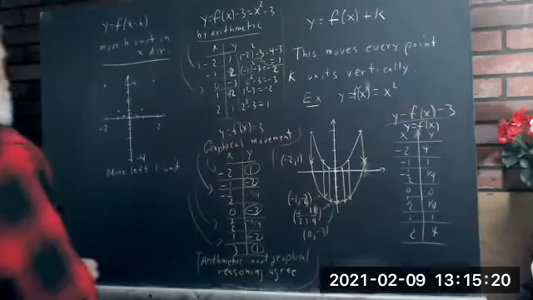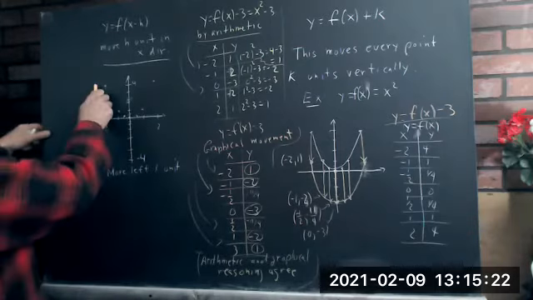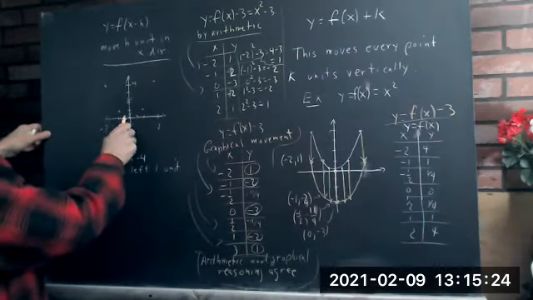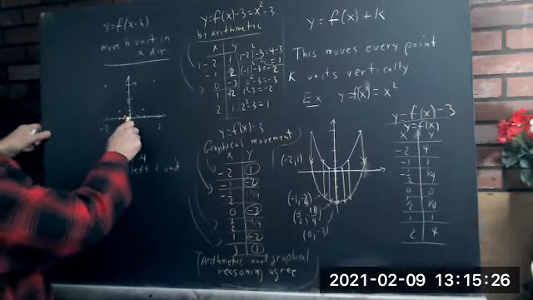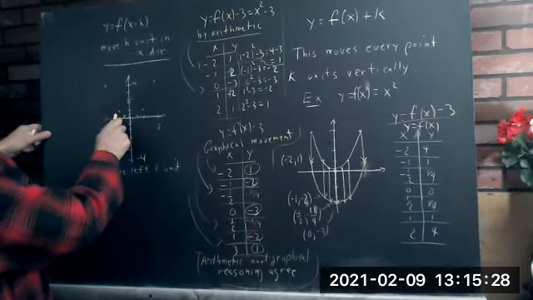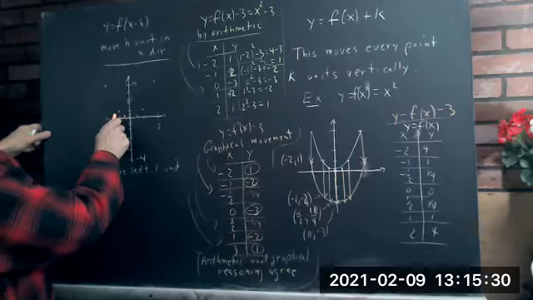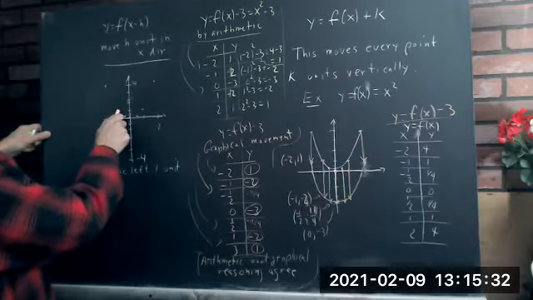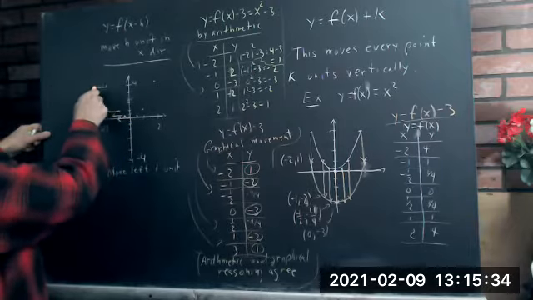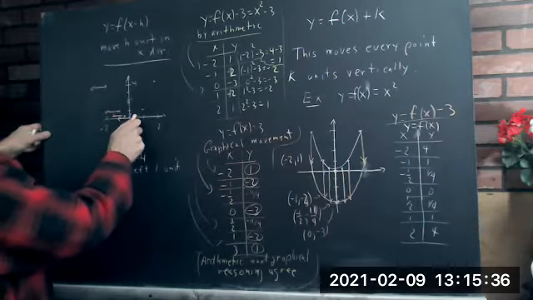Well, that means if we move this point over 1 unit, 1 unit is about this long. So like the origin will go over to here, and then every additional point will move over by the same distance.